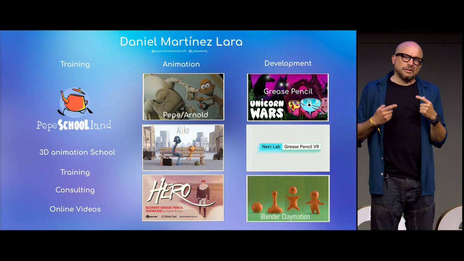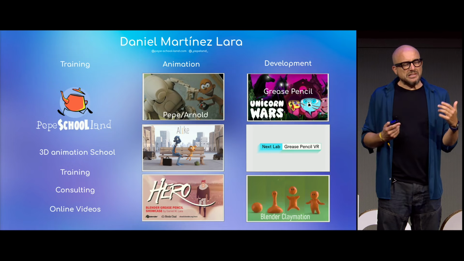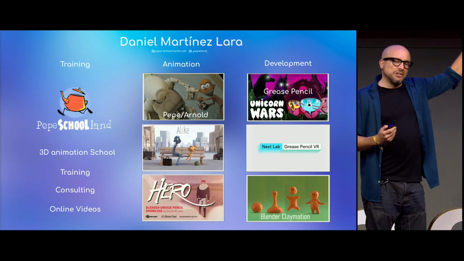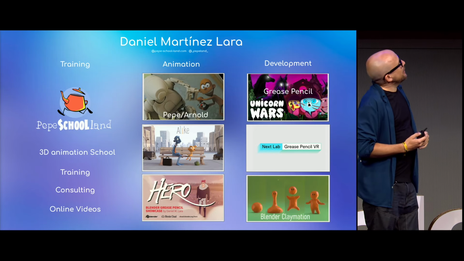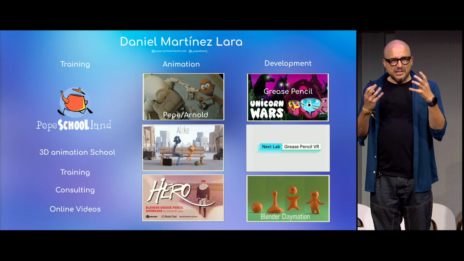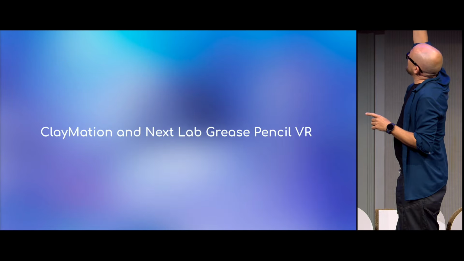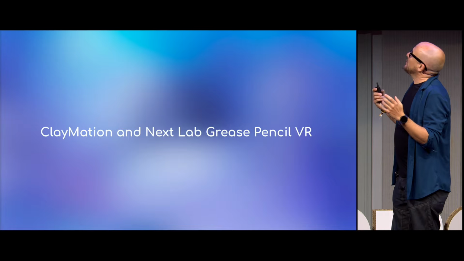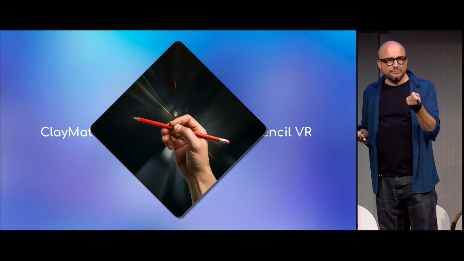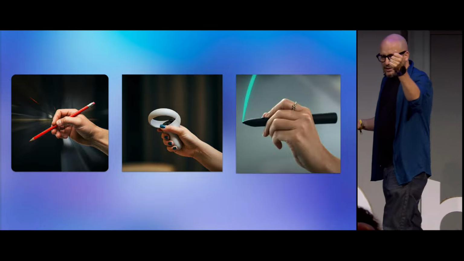When I prepared this talk, I realized that basically the same idea is behind these different tools. The main idea that I'm obsessed with, using Blender, ClayPencil, Claymation, and the Next Lab, is to introduce this tool inside a 3D program: a pen, or different versions of these pens, like a digital version, like a VR thing.